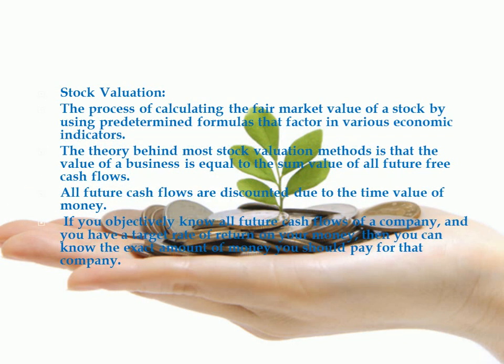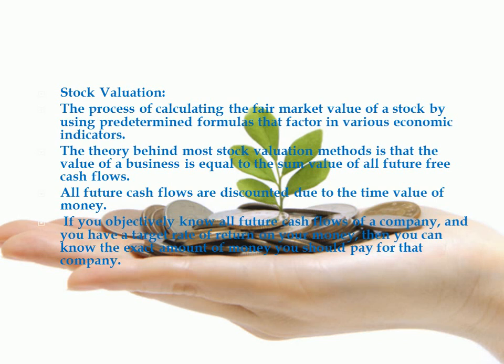So if you objectively know all future cash flows of a company and you have a target rate of return on your money, then you can know the exact amount of money you should pay for that company. So what we just need to know is all the future free cash flows of the company, as well as the required rate of return by investors in the market.